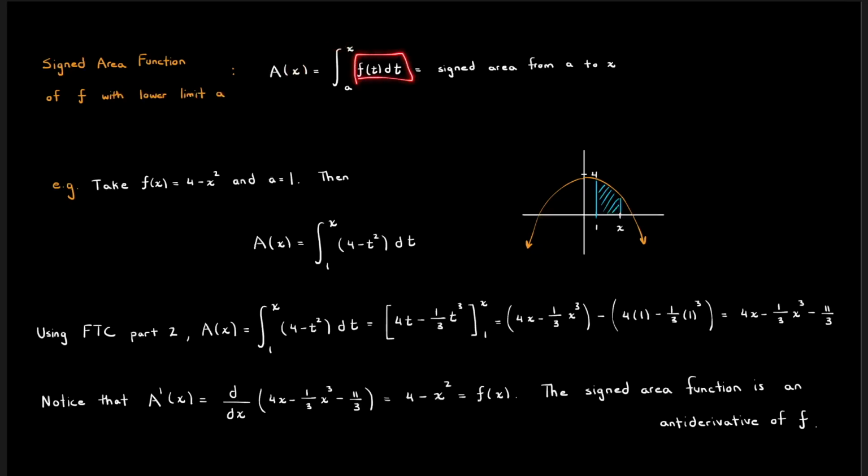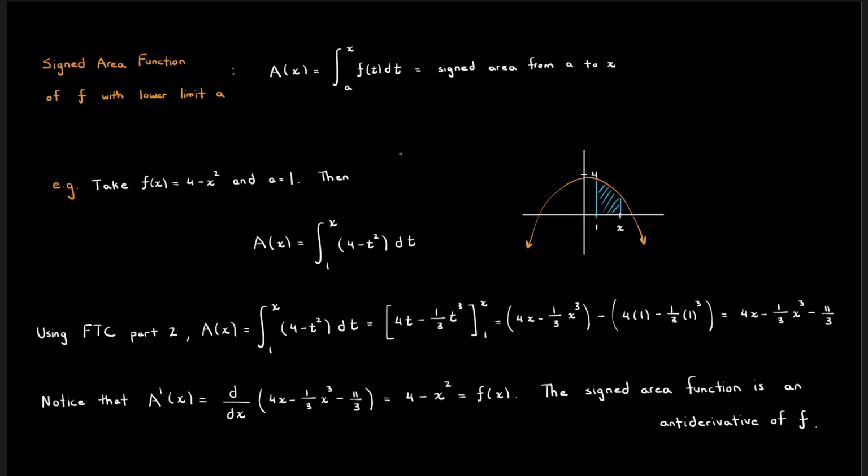The function inside will stay completely fixed, and then you can evaluate this integral using techniques from the previous video. You can use the Fundamental Theorem of Calculus Part 2, or maybe some numerical methods if it's not possible to evaluate the integral. But the signed area function simply outputs the signed area from a to x of whatever this function is.